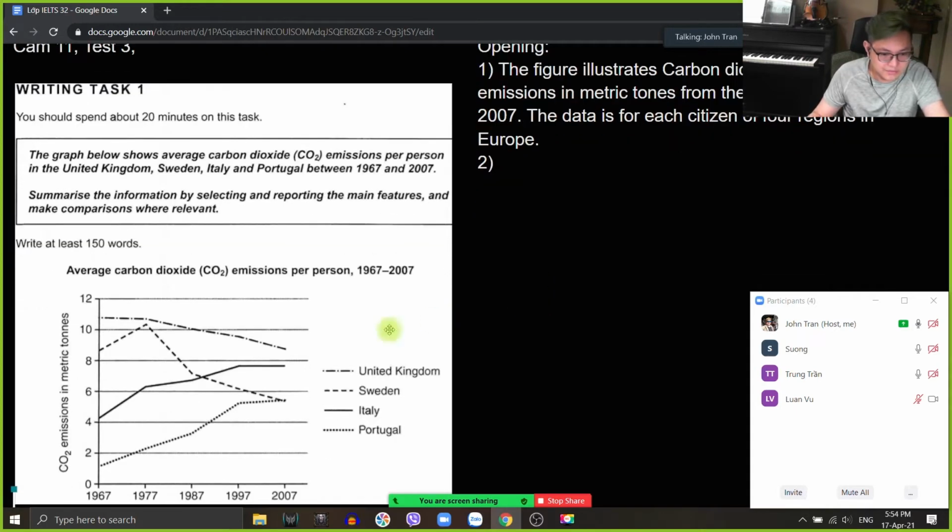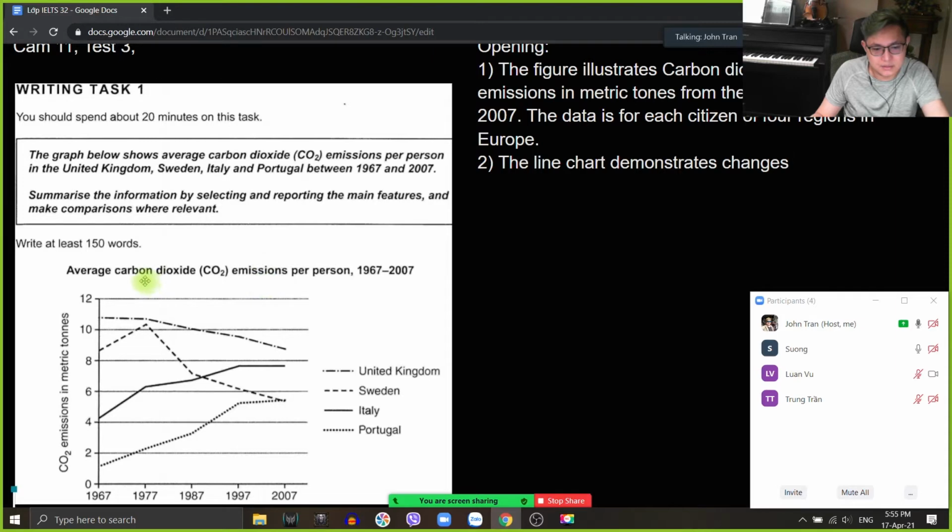So this is a line graph, right? This is a line graph. You can use that fact. You can say the line graph, the line chart. The line chart demonstrates changes. This line chart shows the change in the amount of CO2 emitted.